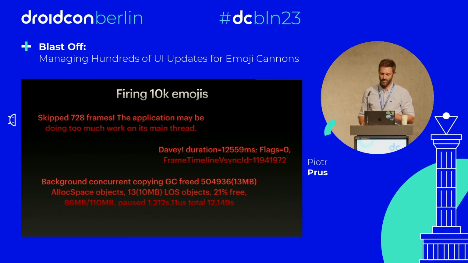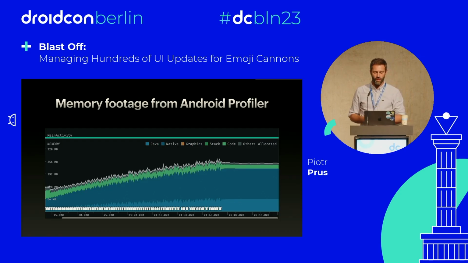So that's a lot. And when you look at our memory footage from our Android profiler, we are going from 100 megabytes somewhere to 230, and it stays. So something is wrong. It should reduce, right? The memory should be freed. Why is it not happening?